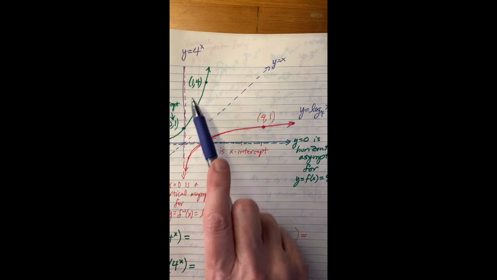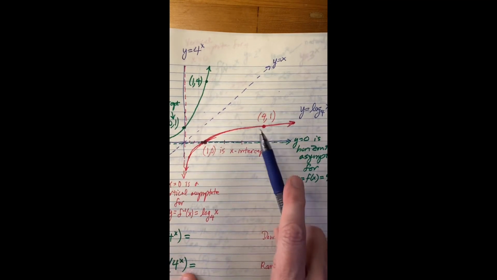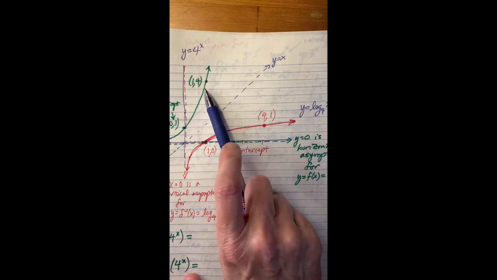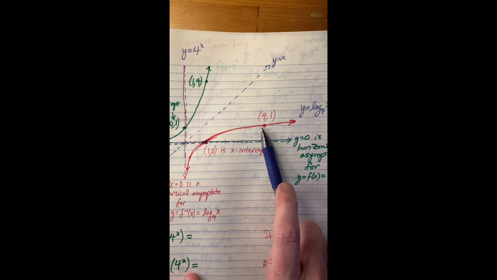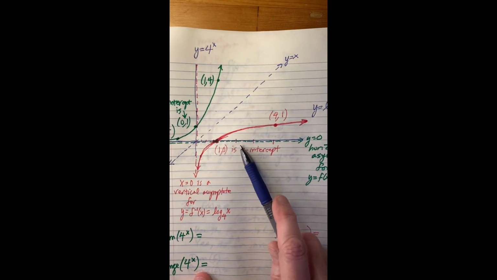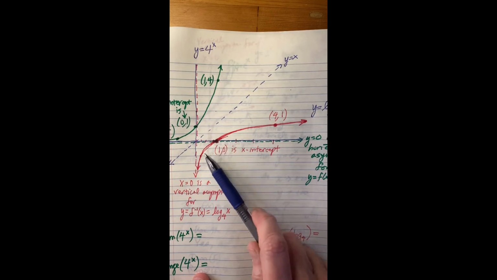Take, for each of those points, just flip the x and y coordinates, which is what actually reflecting points across y equal to x actually does. So 1, 4 reflected over here becomes 4, 1. 0, 1, the y-intercept of 4 to the x, becomes the x-intercept of the log base 4 of x.